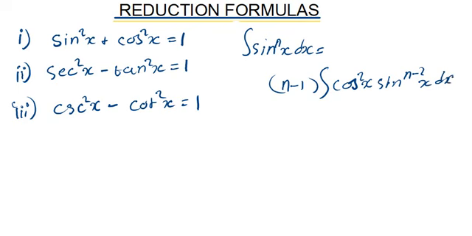In this case, where there's cosine squared, replace it with 1 minus sine squared of x, which is this identity that we use there.